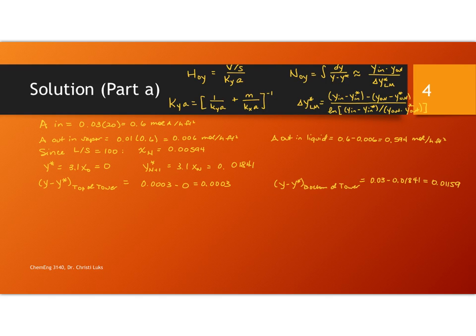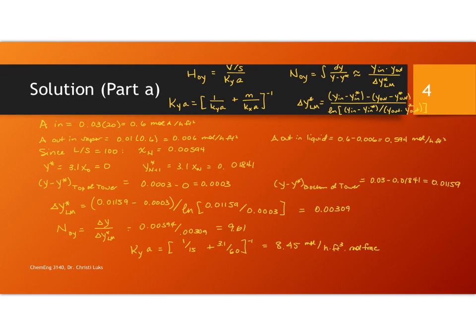I can use that to estimate my delta y log mean, which turns out to be 0.00309. And therefore, my N for the overall gas phase is the delta y from top to bottom over this delta y star log mean, 0.00594 over 0.00309, which is 9.61. Now to figure out my H, I need to use a capital KY. So let's calculate that.